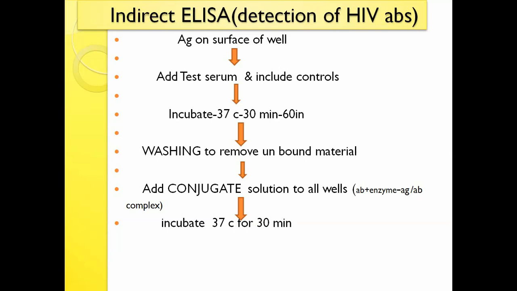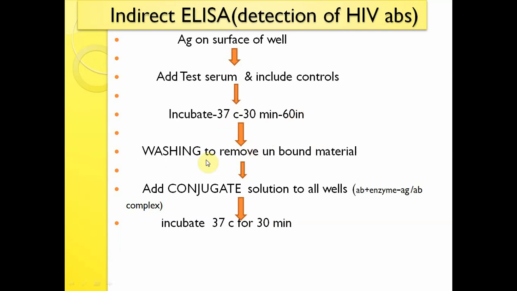So add the controls, the positive control and also the negative control. Whatever procedure we follow for the test is to be followed for the controls also. Now after adding the serum, incubate at 37 degrees Celsius for 30 to 60 minutes.